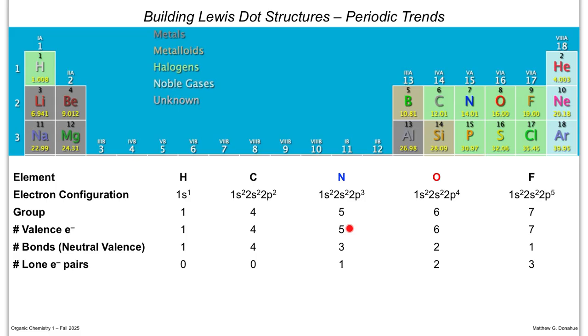So what happens is nitrogen forms 3 bonds. So that gets you to 6 electrons. You have 2 left over, so it's always going to have a lone pair. So what you can see in these parallel trends about bonds versus lone pairs is they run opposite. 4, 3, 2, 1, 0, 1, 2, 3.